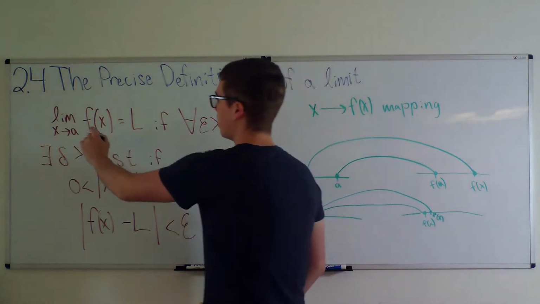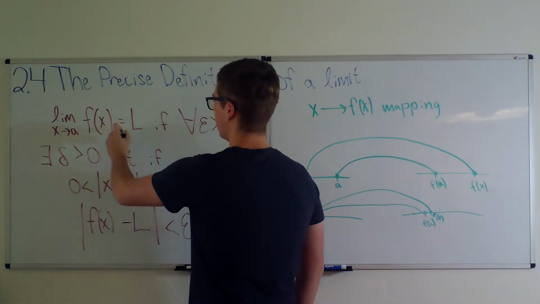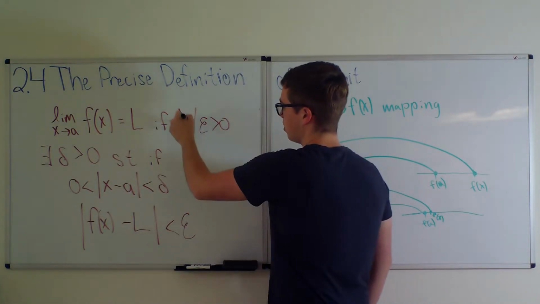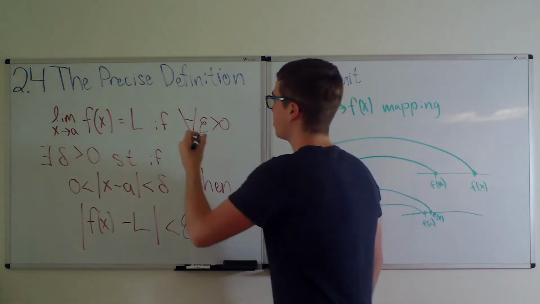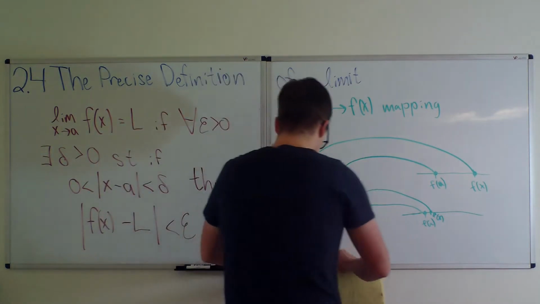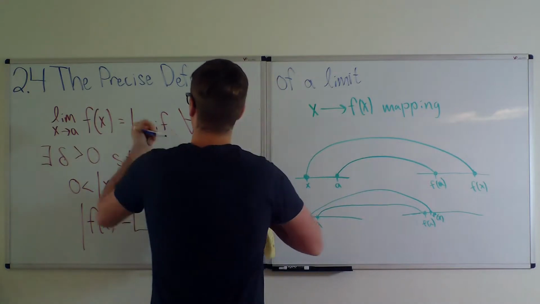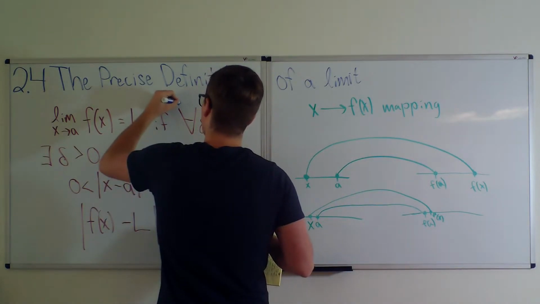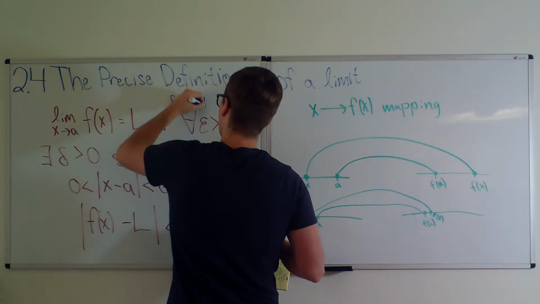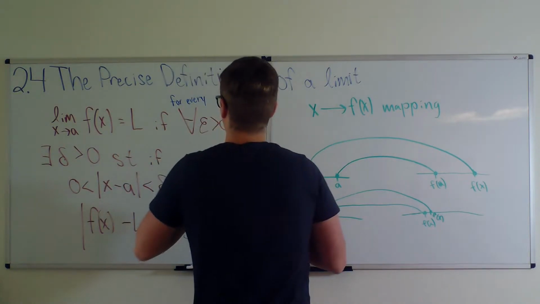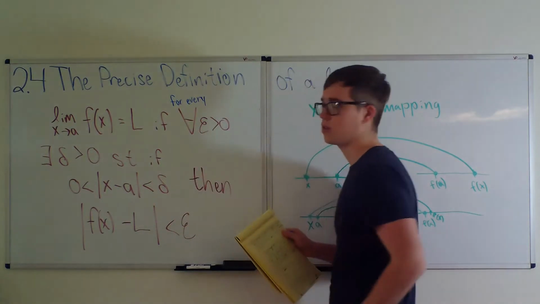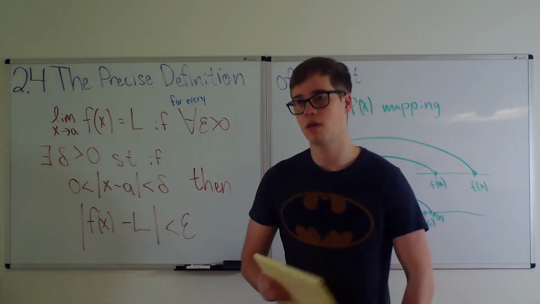The limit, as x approaches a of f of x, is equal to L if, and then there's this upside down A, which means for every epsilon, which is just like a random number, it can be really anything.